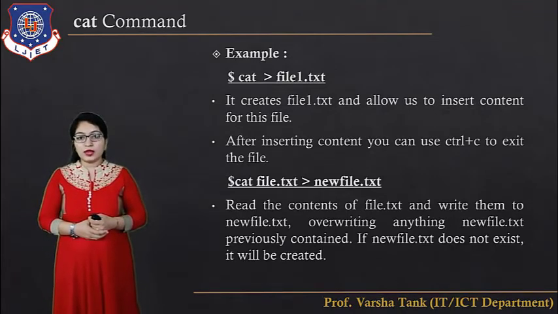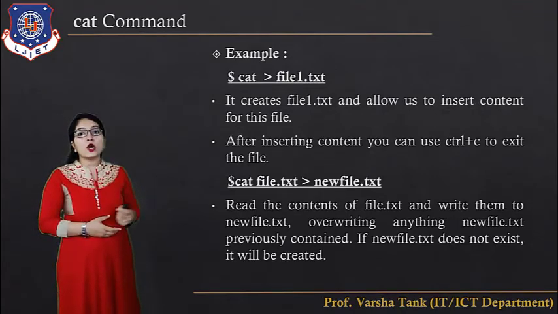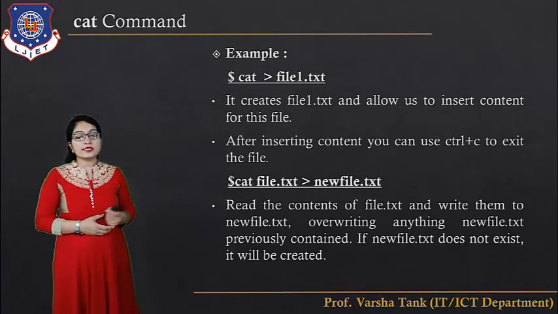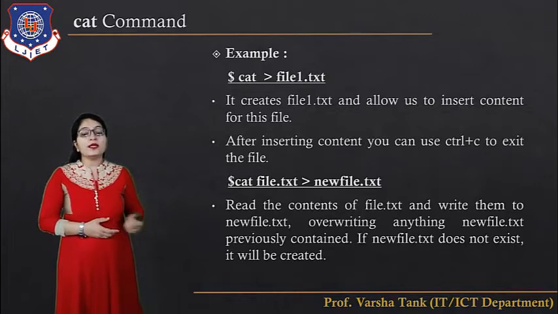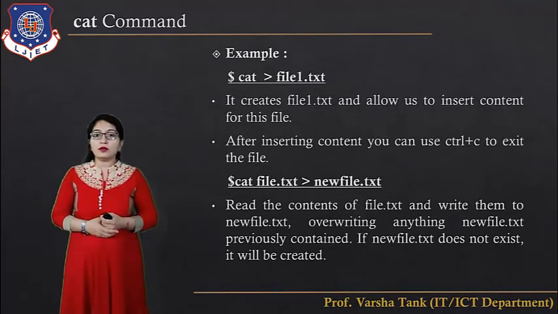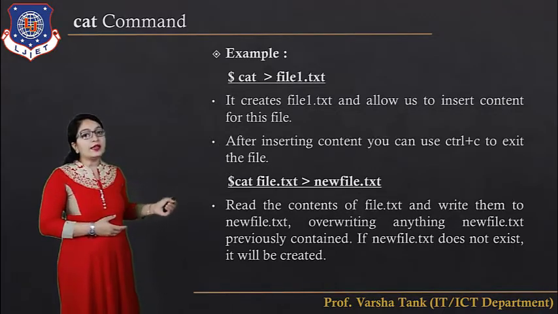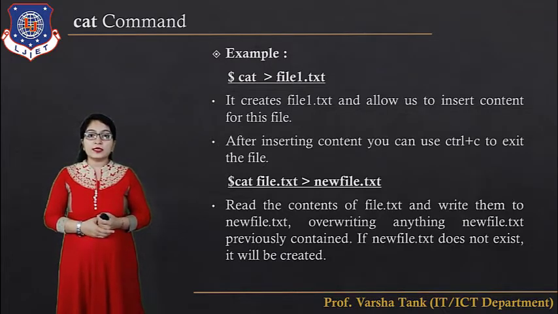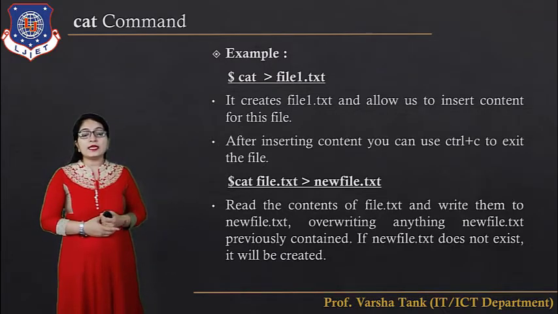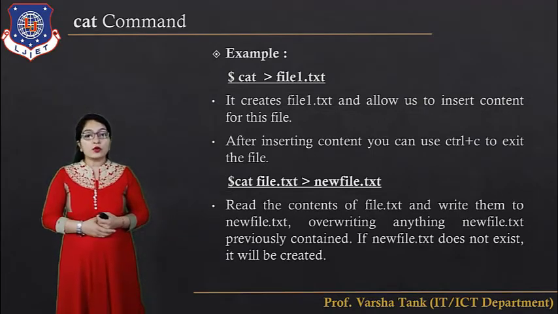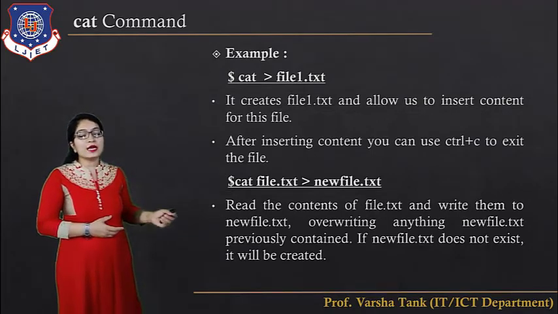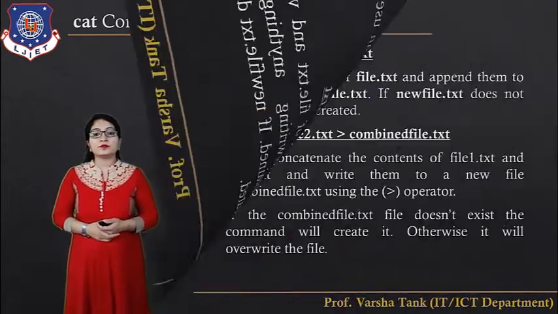The next one is $cat file.txt greater than newfile.txt. It will read the content of file.txt and write it to newfile.txt, and it will overwrite anything already in newfile.txt. If the file does not exist, it will create the file.